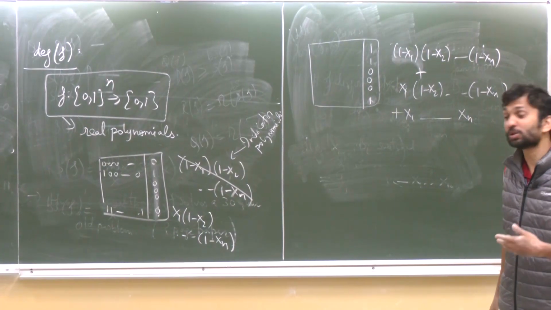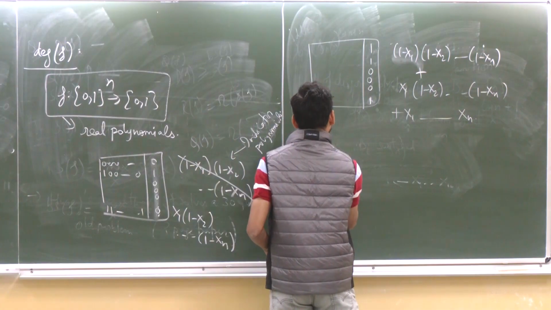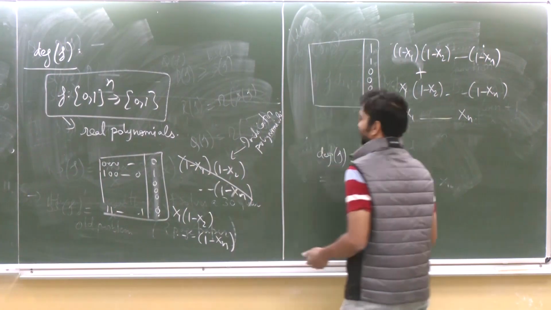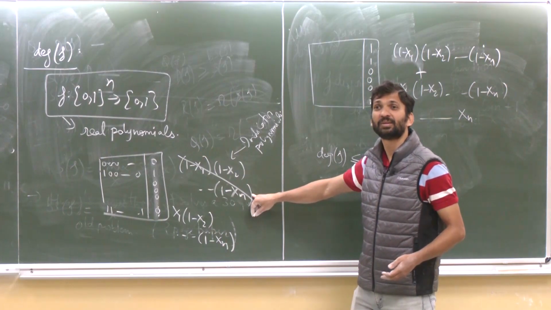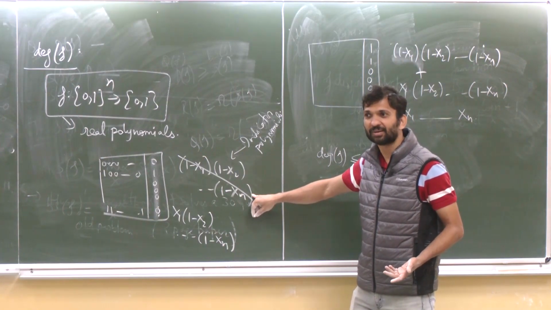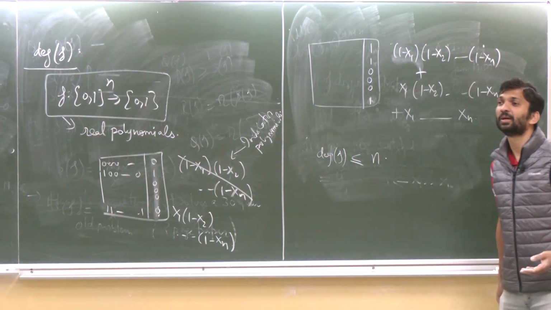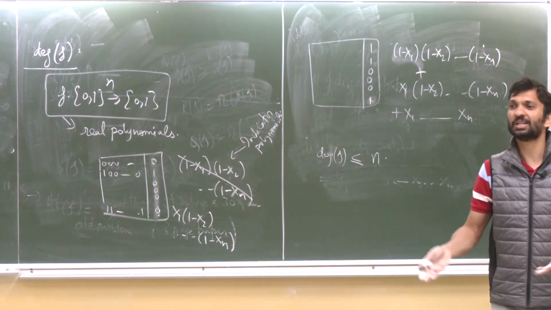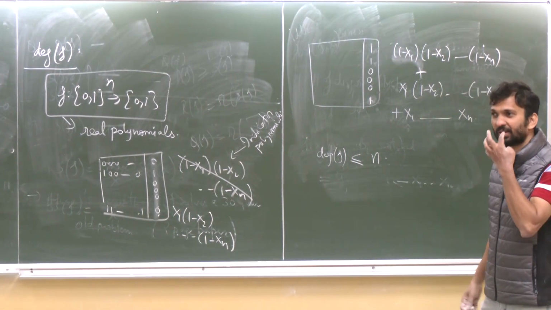And we also know the degree of that polynomial is at most n. If you sum up n degree polynomials, it will be at most n. There can be cancellations, so it can go below n, but the degree is always at most n.